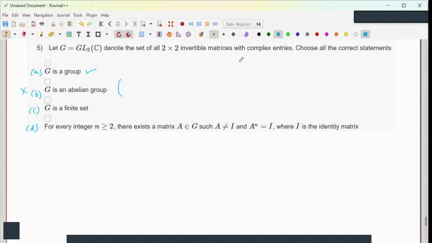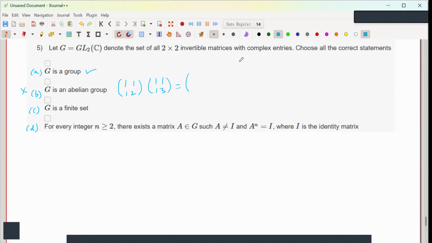Consider two matrices A and B, where A is 1, 1, 1, 2, and B is 1, 1, 1, 3. What will be their product?